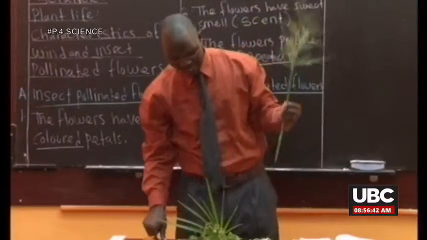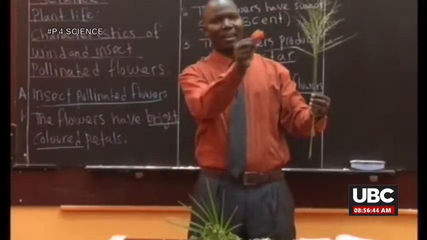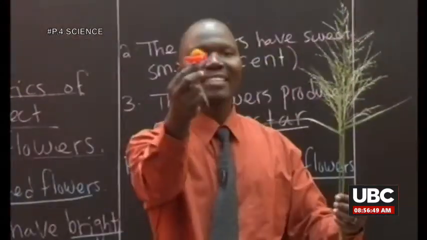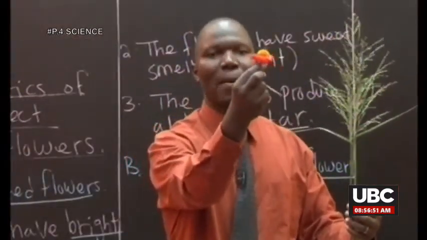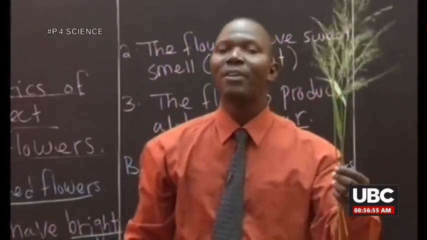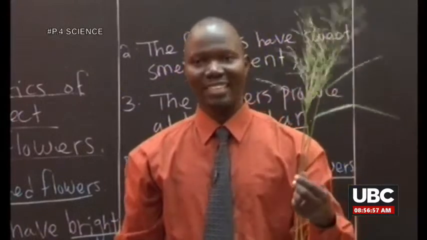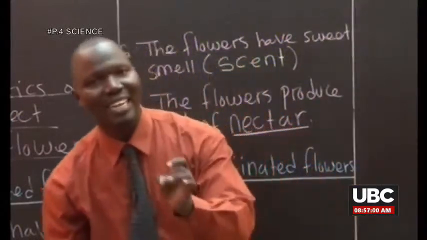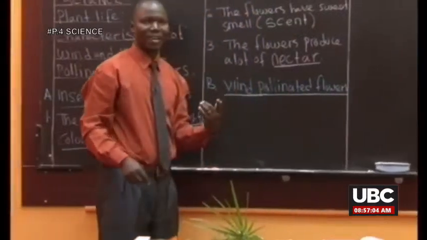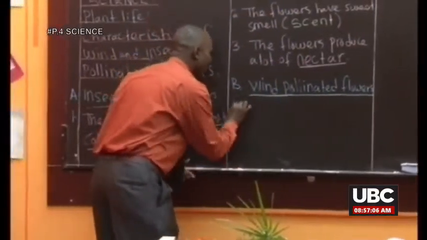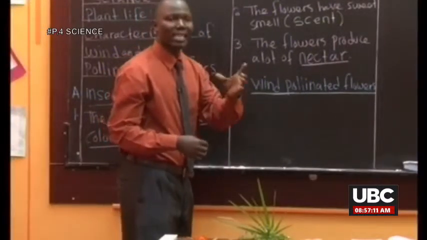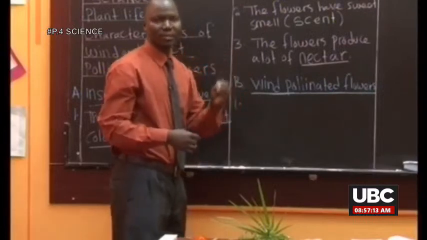Now, look at this flower and look at the flower and tell me the difference. This has a bright colored petal, while these ones, the petals are not brightly colored. So that one gives us answer number 1. The characteristics of wind-pollinated flowers, number 1, is they don't have brightly colored petals.